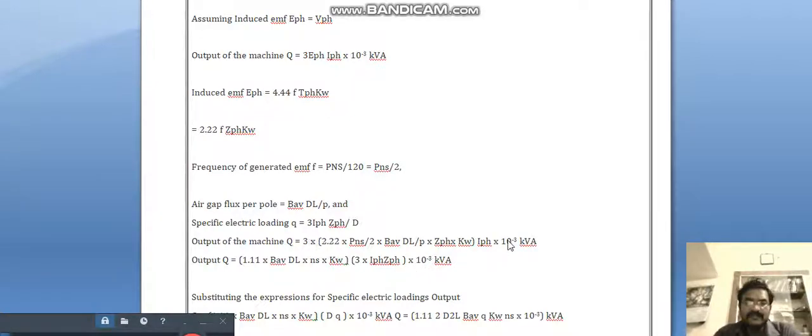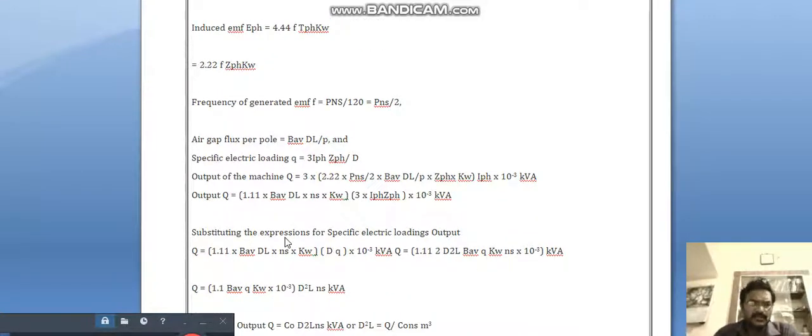If you simplify this, we get output Q = 1.11 × Bav π D L × ns × kw × 3 I phase Z phase × 10^-3 kVA. Substituting the expression for specific electric loading, we get Q = 1.11 Bav π D L ns kw × q π D × 10^-3 kVA.